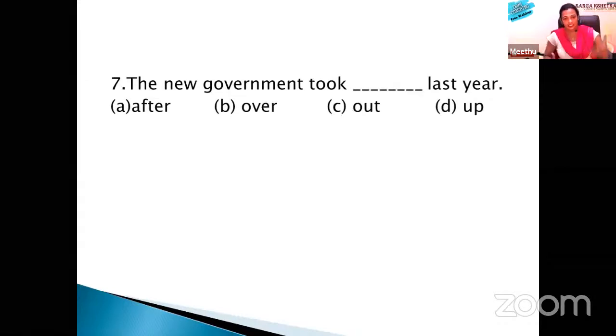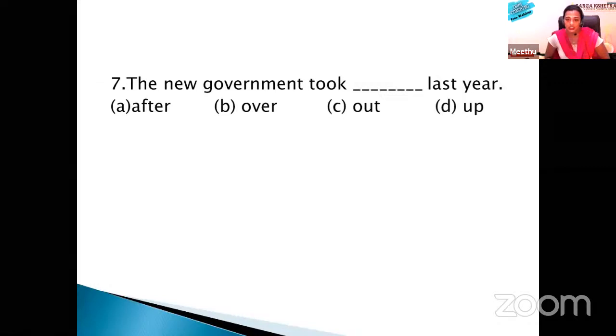Next question. The new government took dash last year. Fill in the blank with a suitable word from the brackets: after, over, out, up. The new government took dash last year.